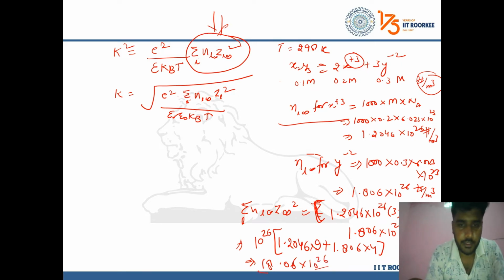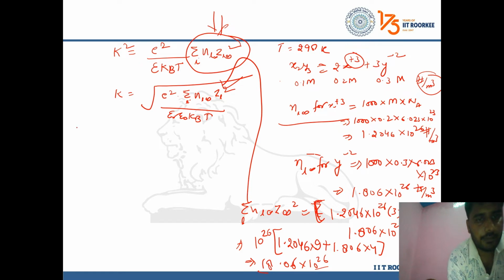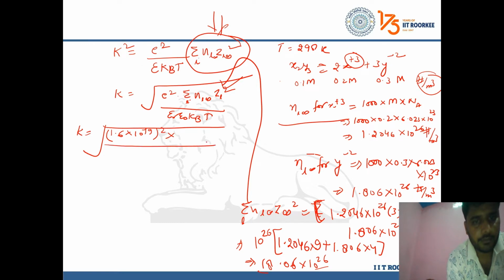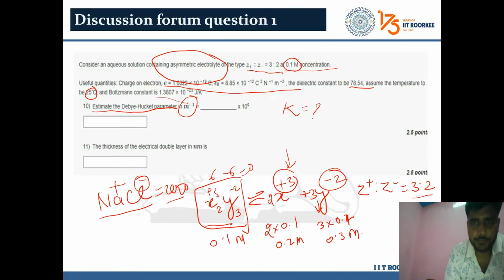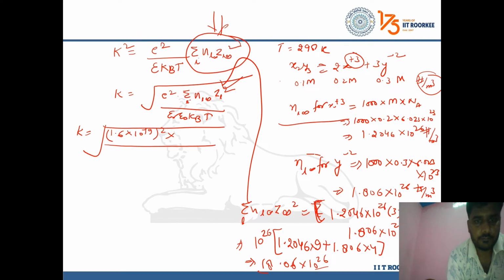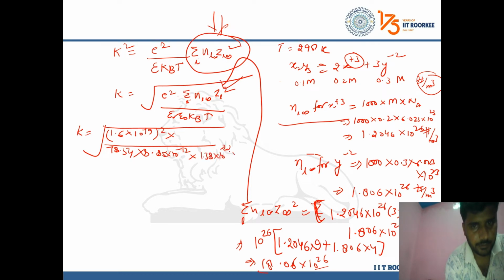So this value you can directly put here, and the rest of the calculation is very simple. You can solve it similarly to how I solved it in some of the previous runs. Epsilon r is given as 78.54, and epsilon naught is 8.85 times 10 raised to minus 12. And the kB value is this.